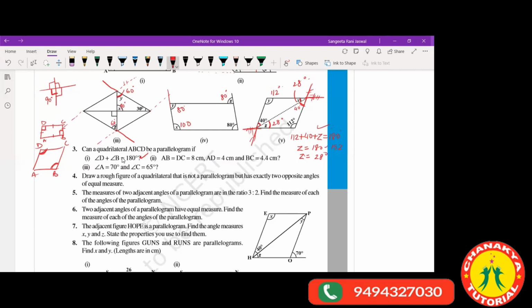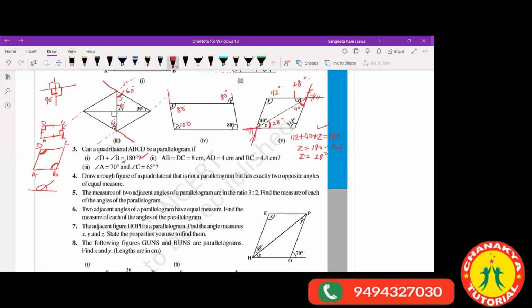How can two obtuse angles make a linear pair of 180? To make 180 degrees, there should be one obtuse and one acute angle. So in this case, it is not possible.